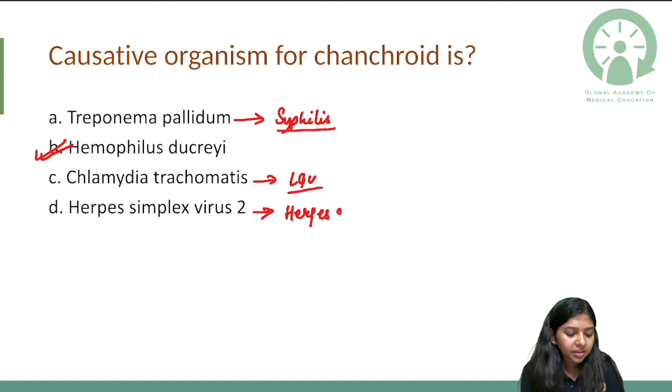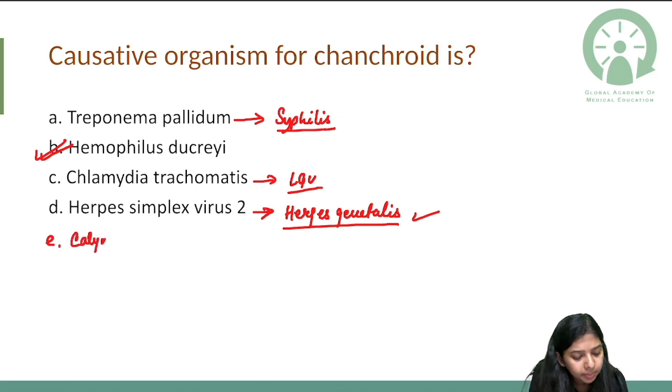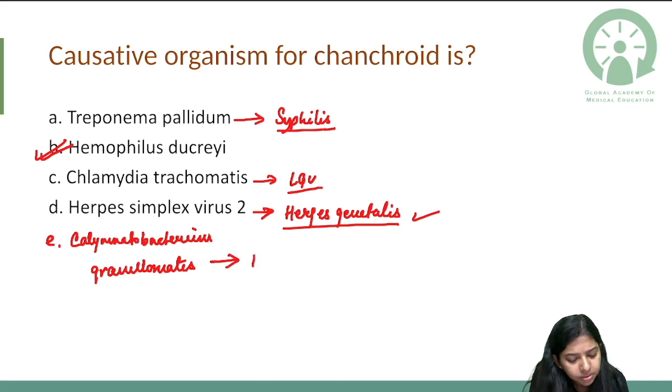Herpes simplex virus 2 is going to cause herpes genitalis. So you have to remember the causative organism for all of these, and to complete the list you have Calymmatobacterium granulomatis. So this causes donovanosis.